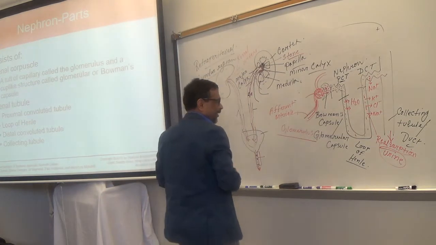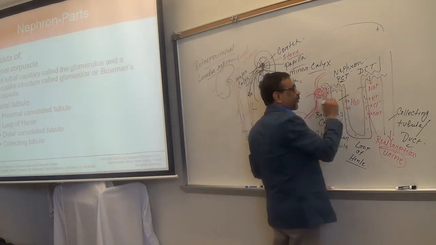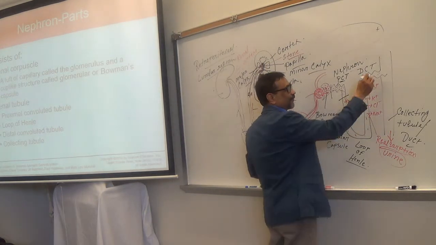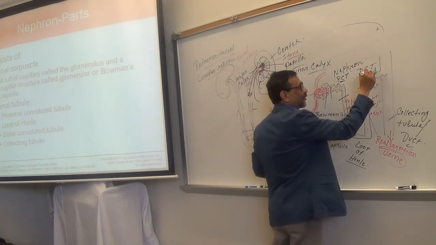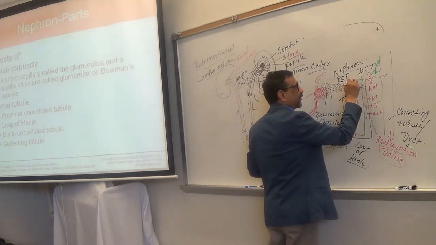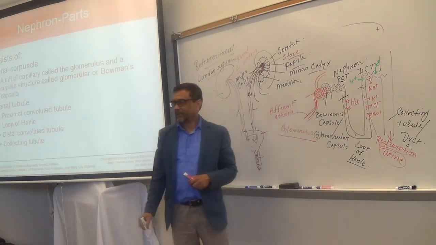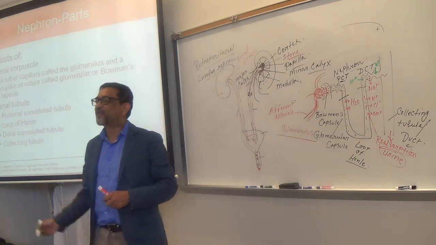One more thing happens here in the nephron. Opposite of reabsorption occurs. For example, here some potassium, hydrogen gets in through the wall. So just opposite of reabsorption.